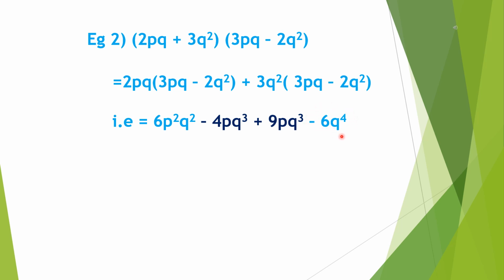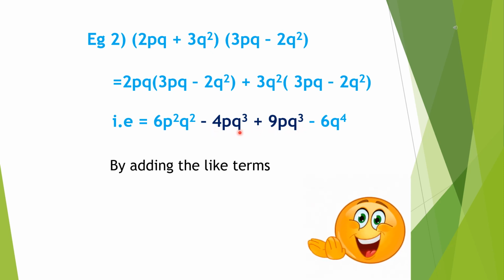That is 6p square q square minus 4pq cube plus 9pq cube minus 6q raised to 4. These two are like terms. We should add these terms. That is 9pq cube minus 4pq cube is 5pq cube. So answer is 6p square q square plus 5pq cube minus 6q raised to 4.